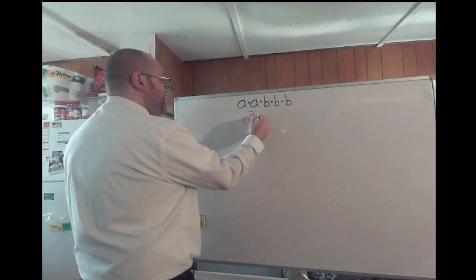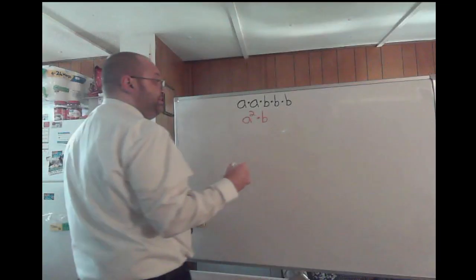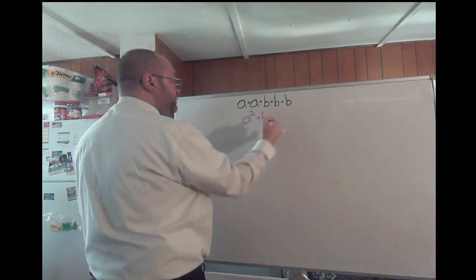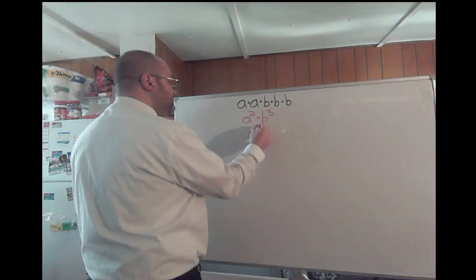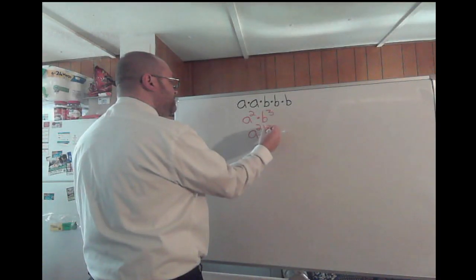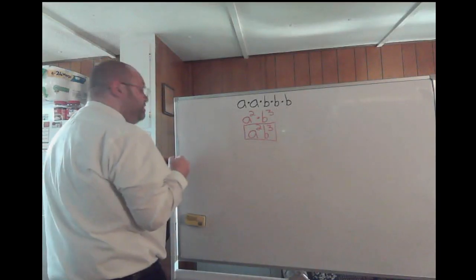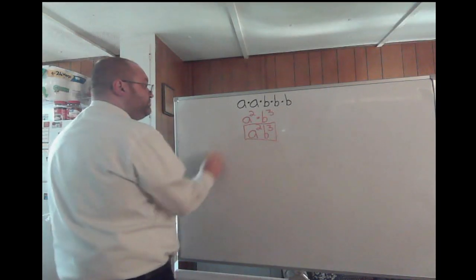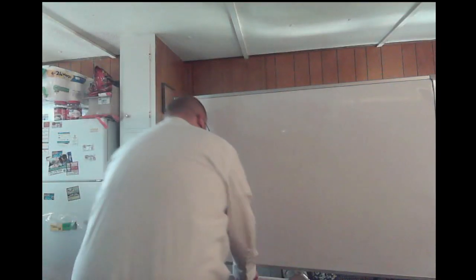So you take that a to the second times your base of b. Now how many times is b being multiplied? 1, 2, 3. So you'll have a to the second times b to the third, or you could simply write this as a squared b cubed. That is exactly how you'd write this, as a squared b cubed. Lesson might not be as short as I thought, but the exponents are very important to drive home.